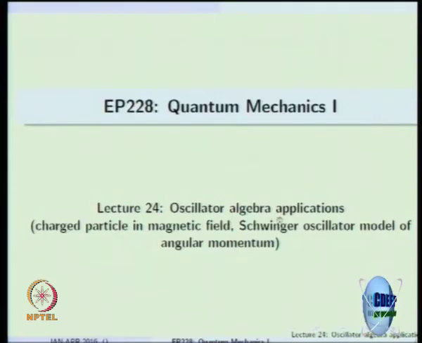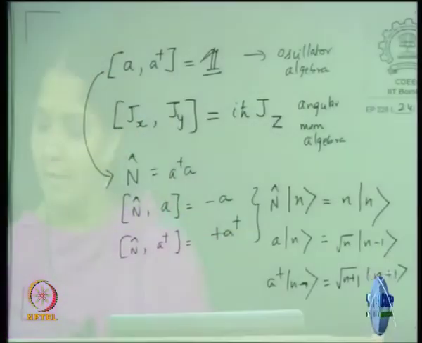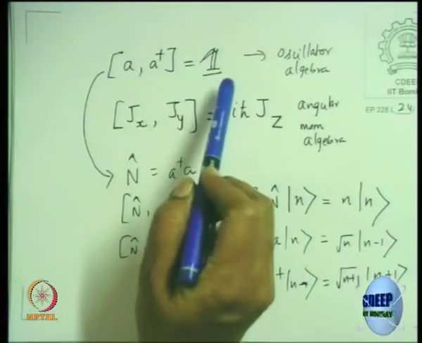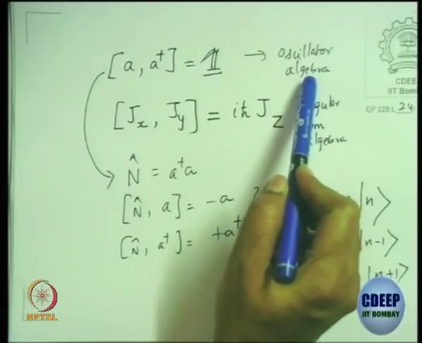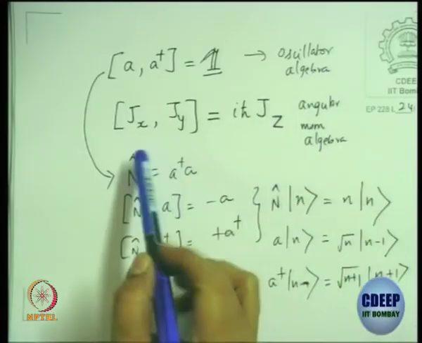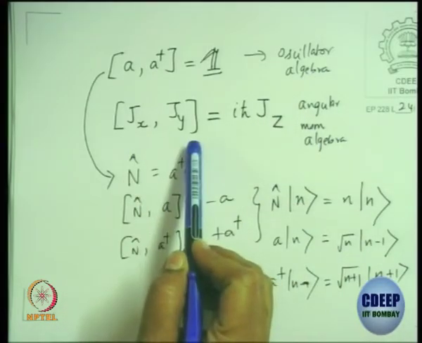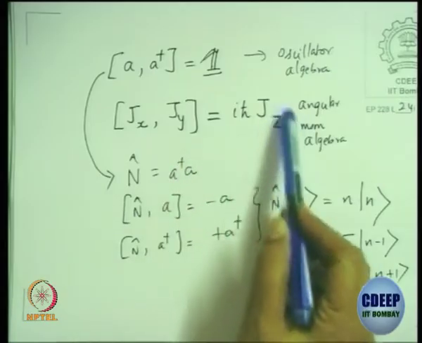If you recall, we did this in the last lecture, last week. The harmonic oscillator, we had [A, A dagger] as identity. This is what we will call an oscillator algebra, and [Jx, Jy] as iħ Jz.